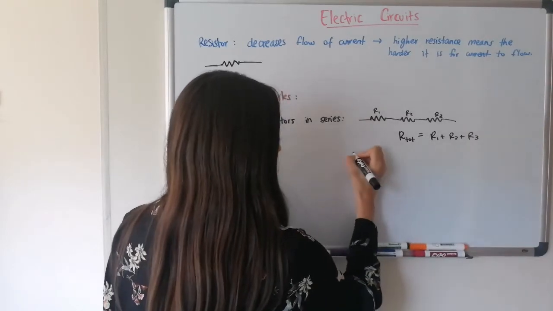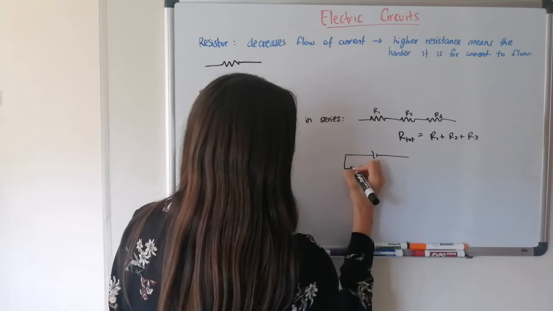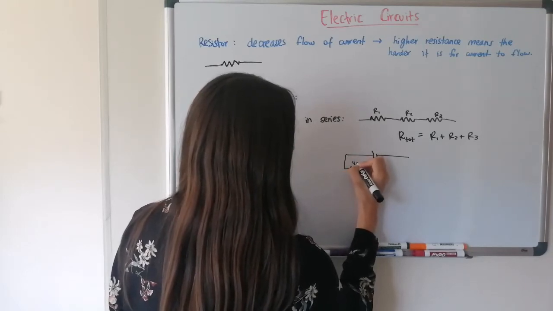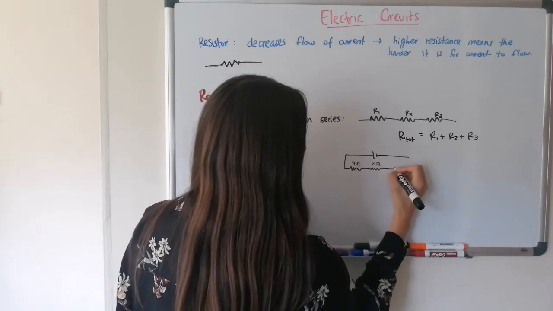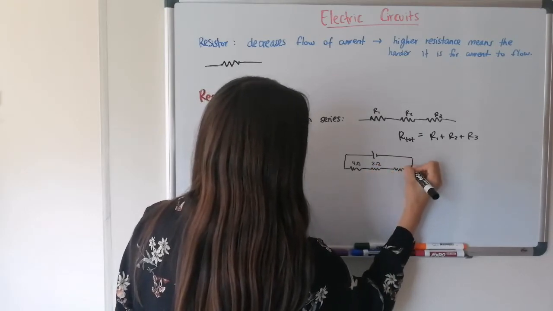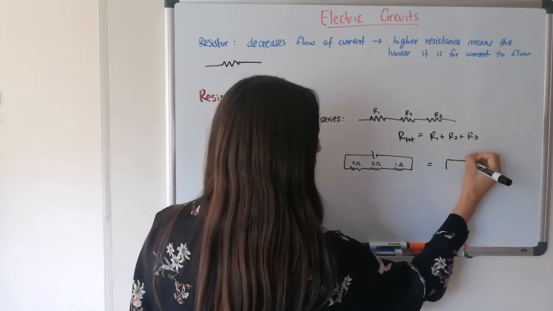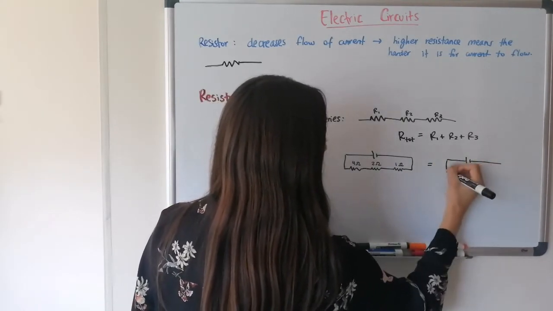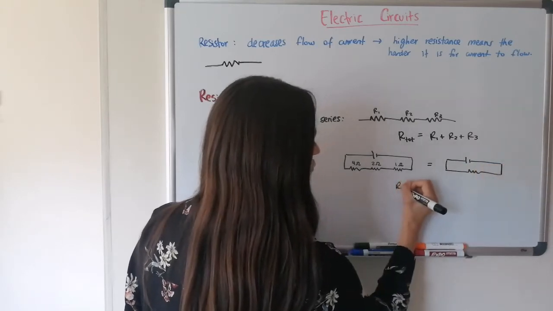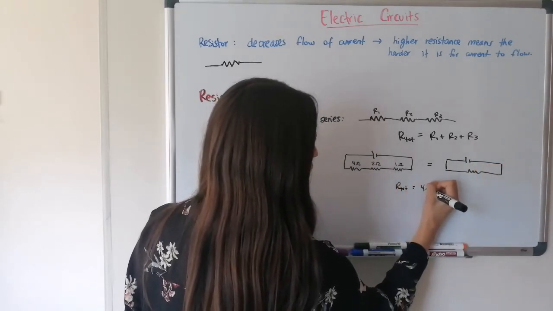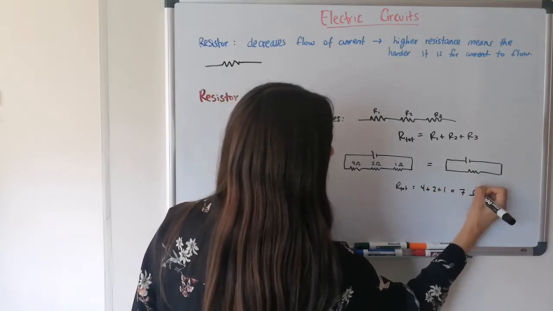So basically, an example, if we have a circuit and it has, let's say, a resistance of 4 ohms, a resistance of 2 ohms, and a resistance of 1 ohm, this is the same thing as a circuit with only one resistance, where the value of the total resistance is equal to 4 plus 2 plus 1, which is 7 ohms.